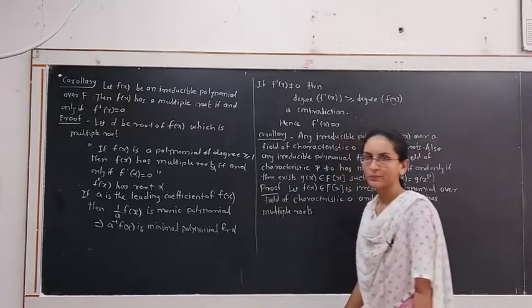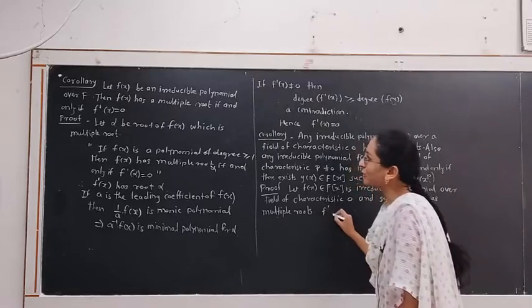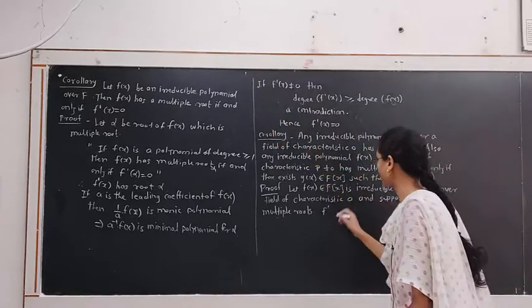Then by the previous theorem, f dash of x is equal to 0.